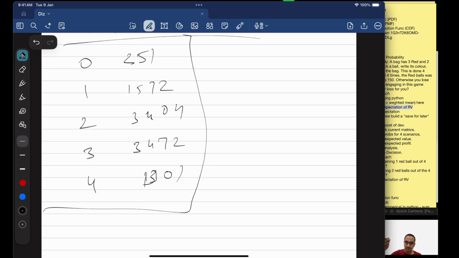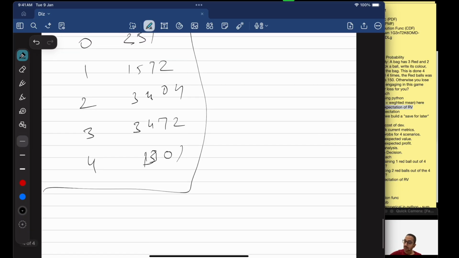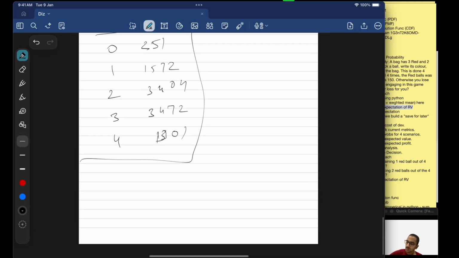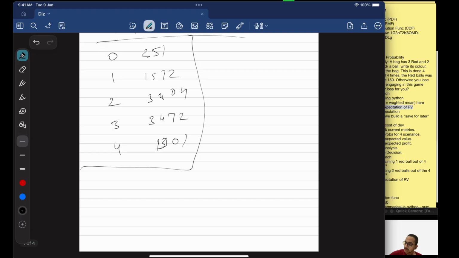So what is mean? Basically sum of terms by number of terms, right? So basically the way that got computed was 0, 251 times. So like 0 plus 0 plus 0 plus 0, this is basically going to be 0 anyway, 251 times. Then we have ones, like you have 1 plus 1 plus 1 plus 1, so on.